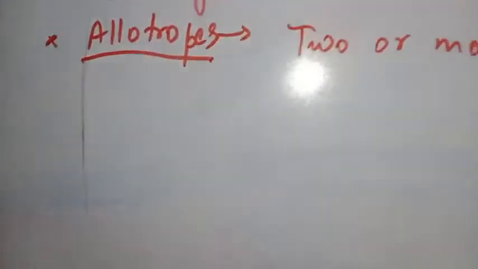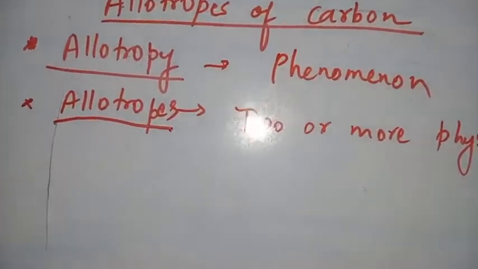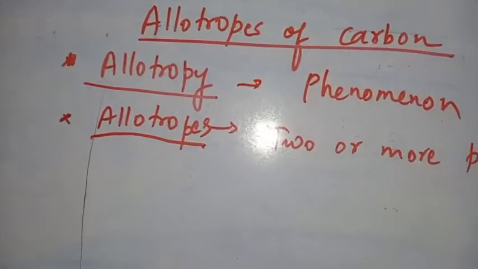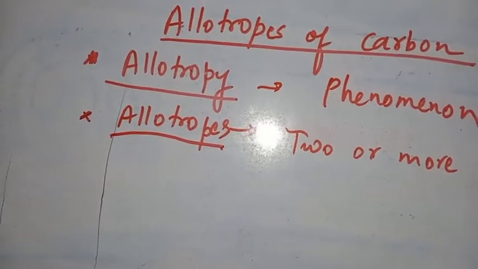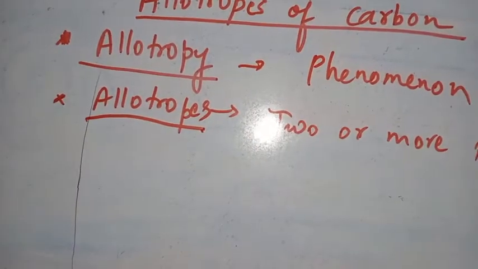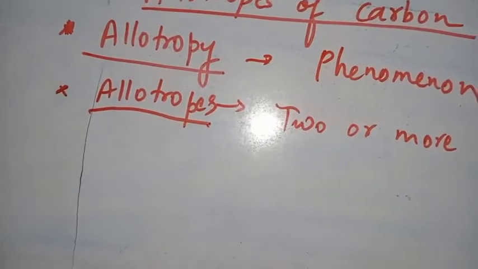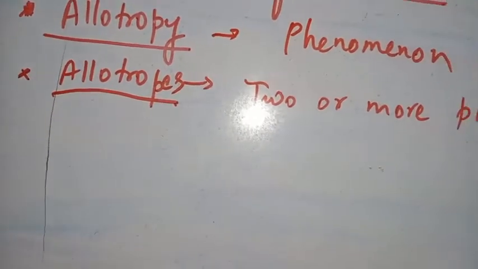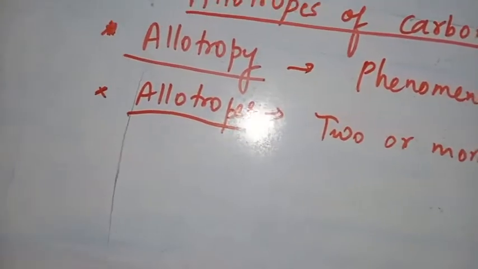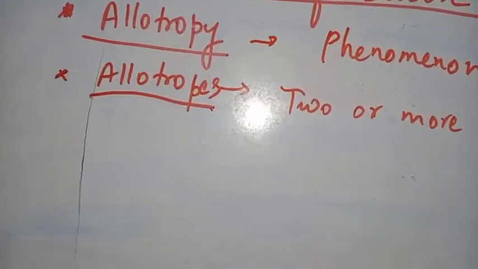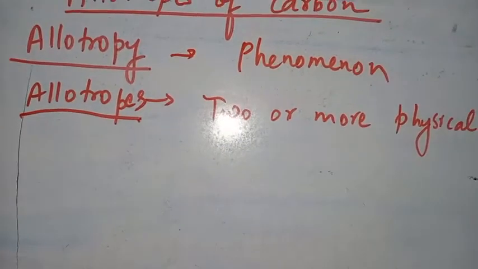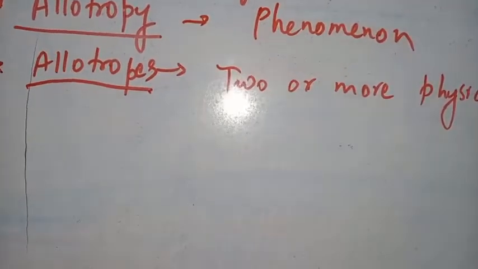Before that, I would like to tell you that since these allotropes have two or more different forms, obviously all the allotropes have different physical properties because they have different physical forms, but all these allotropes of the same element will show the same chemical properties, because of being made by the same element.